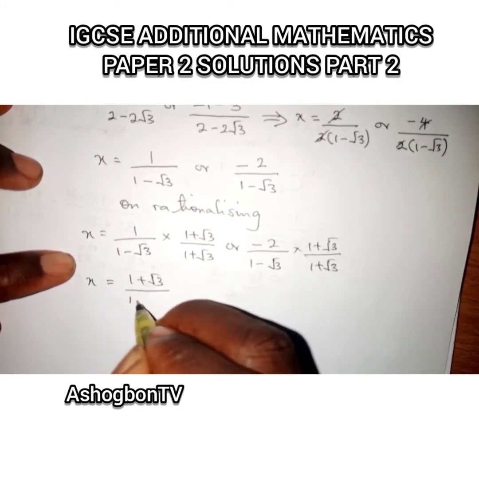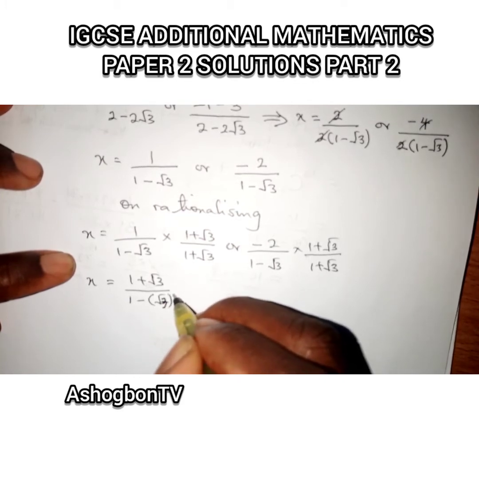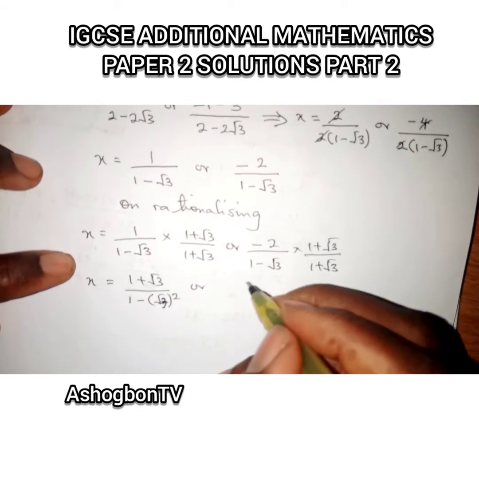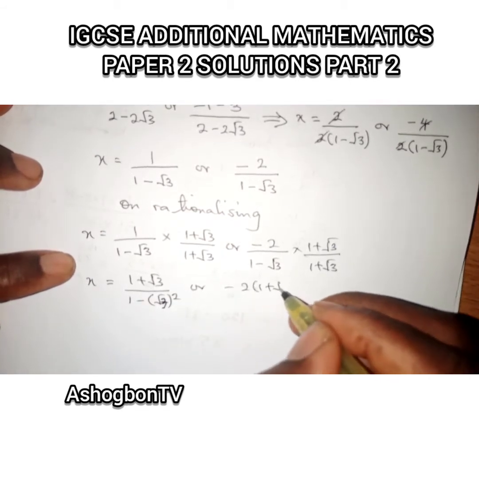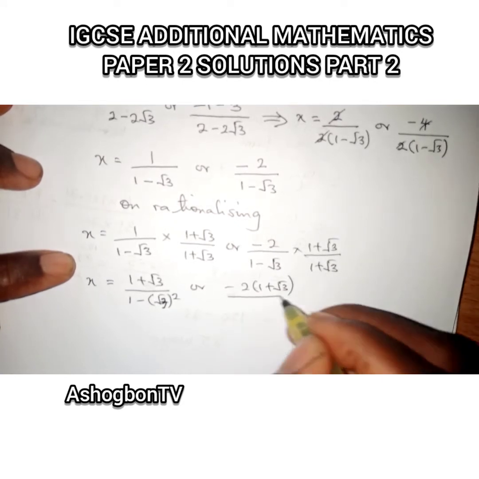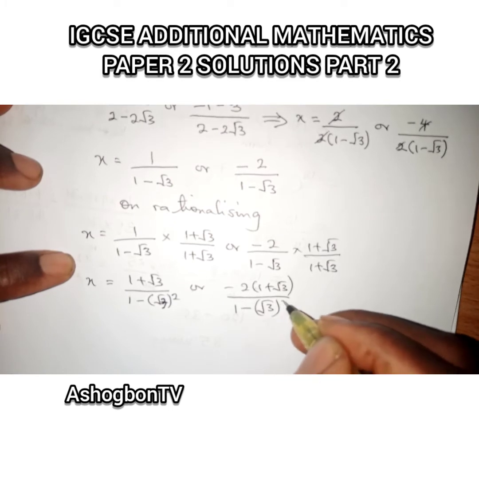We have 1 minus the square root of 3, or minus 2 bracket 1 plus square root of 3 over 1 minus square root of 3 all squared.